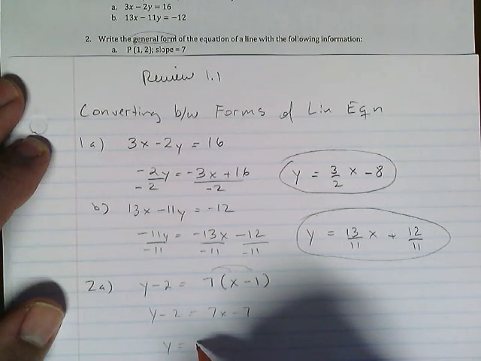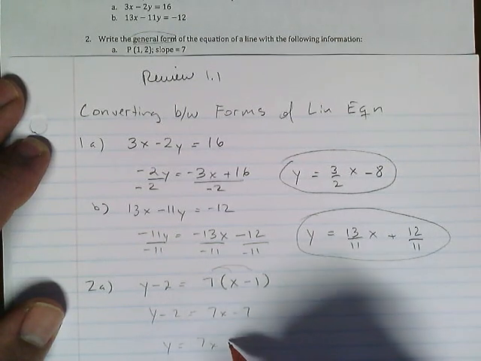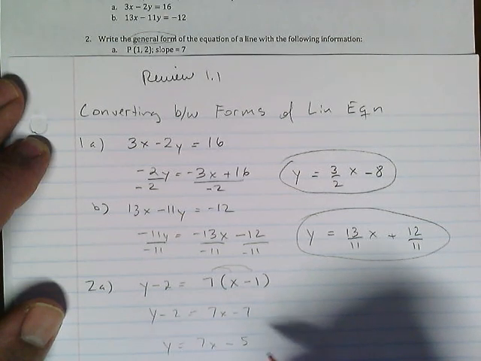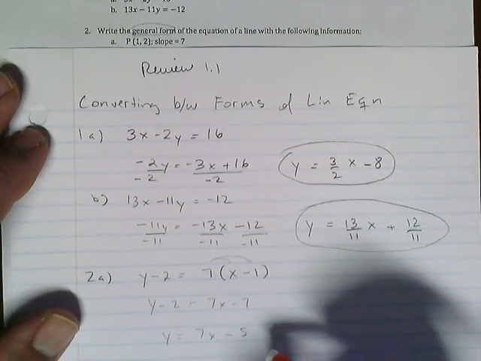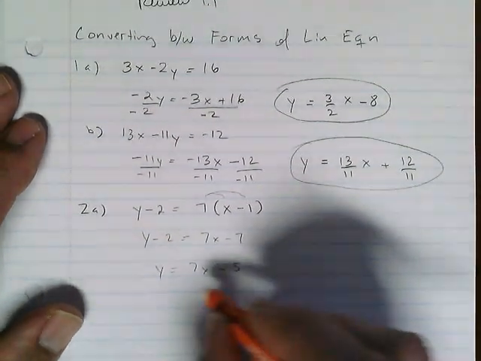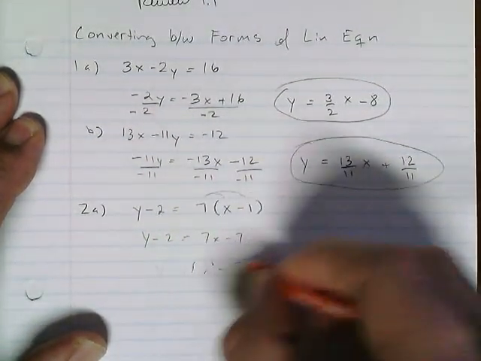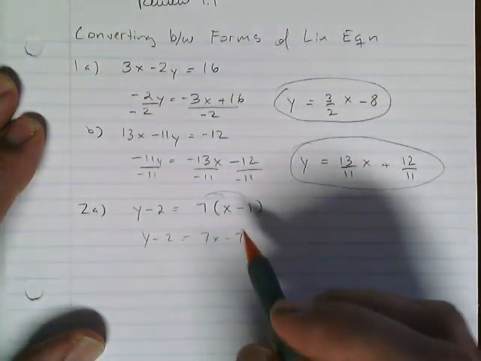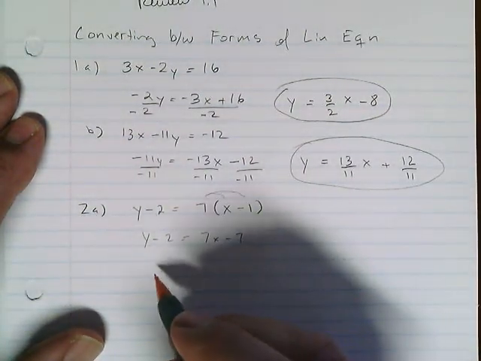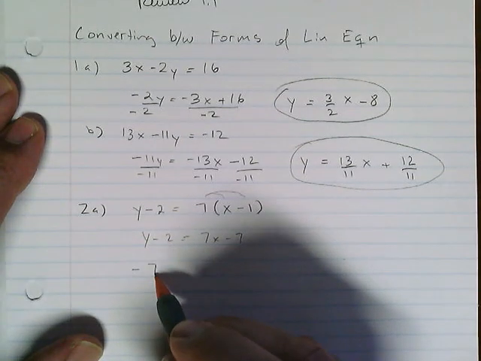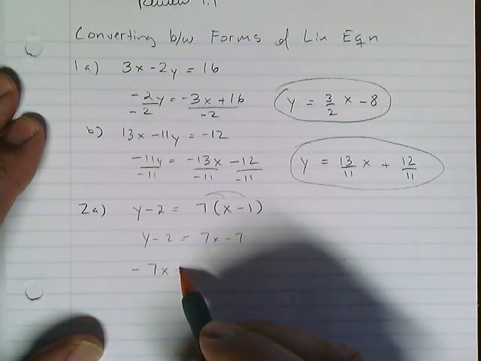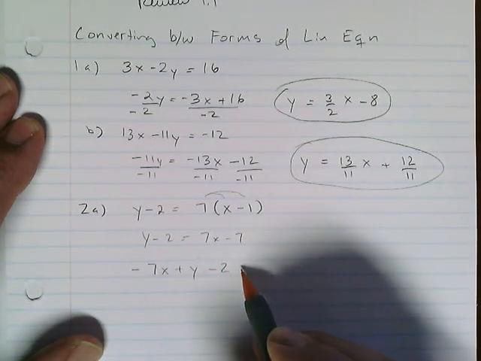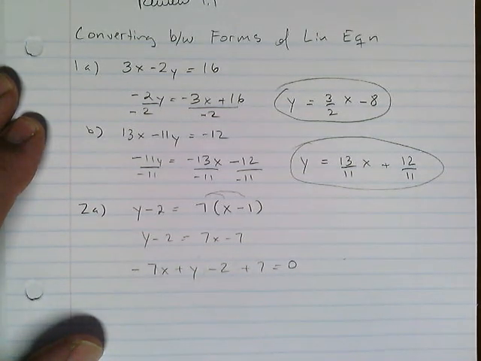I bring the 2 over adding, so that ends up, oh wait, I am in a wrong question here. Caught myself, that's okay. General, not y-intercept, general. So we're going to bring everything over to this side because that's really what we want. So negative 7x plus y minus 2 plus 7 is equal to 0.